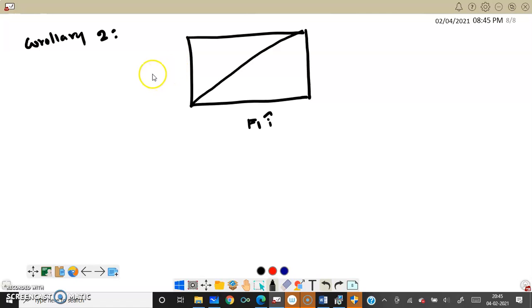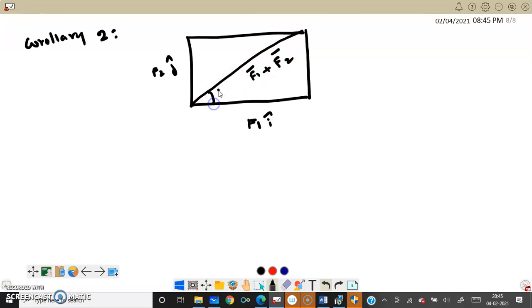They are perpendicular, so we can take F1 along i cap and F2 along j cap, and this is nothing but our resultant F1 plus F2.